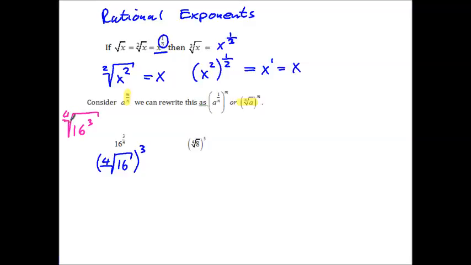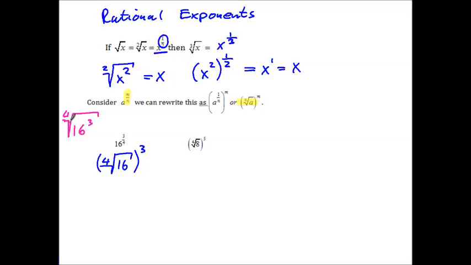Both these are equivalent. Both ways work. But I recommend we always start with the radical first, because that way we get the numbers to become smaller before we have to multiply them again and make them larger. Taking 16 to the power of 3, we definitely need our calculator for that, and we're going to end up with large numbers before we bring them back down with our radicals.